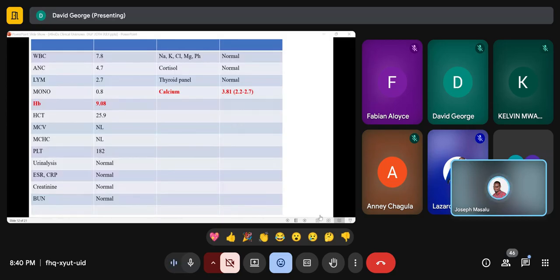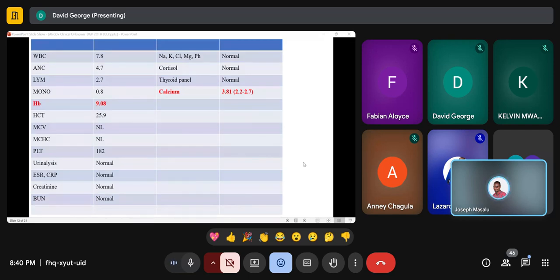So my approach for hypercalcemia: we'll start with thinking of the normal physiology of calcium. If you think of calcium, you think of three things: parathyroid hormone, vitamin D, and calcium itself. The causes of hypercalcemia break down into those caused by elevated levels of parathyroid hormone, and those in which the patient has a normal level of parathyroid hormone.